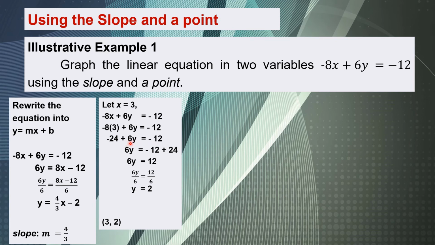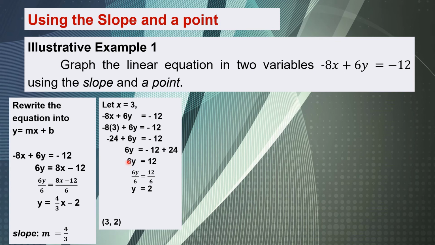Ngayon, kailangan 6y lang ang matira sa ating left side ng equation. So, kailangan natin mailipat ang negative 24 sa right side ng ating equation. So, pag ilipat natin ang negative 24, magiging positive 24 siya. So, simplifying this, negative 12 plus 24 is equal to 12. And just copy 6y and the equal sign.